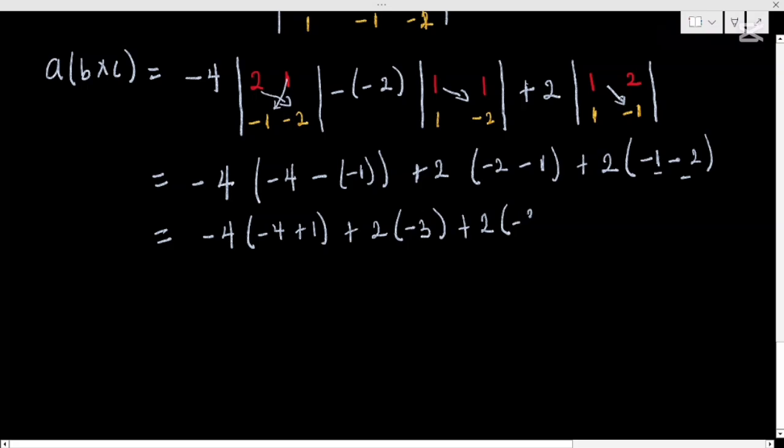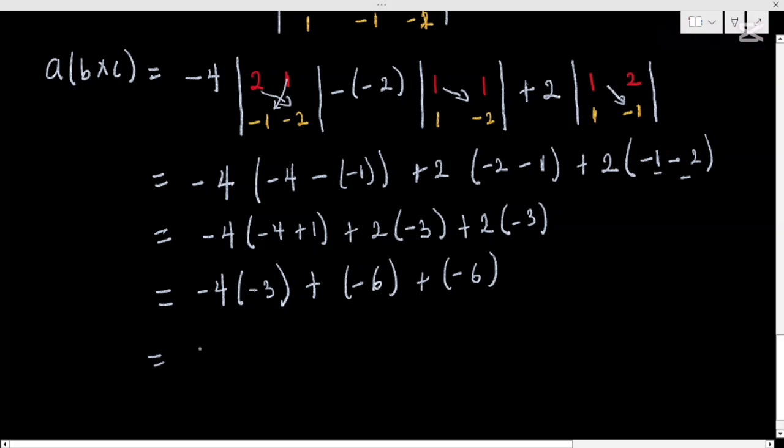Here we have minus 3. So we are pressing on. We have minus 4 into bracket minus 4 plus 1, that's minus 3, plus 2 times minus 3, that's minus 6, plus 2 times minus 3, that's minus 6. We already know that plus times minus is minus. So we have minus 4 times minus 3 will give us plus 12. Plus times minus, that's minus 6, minus 6.